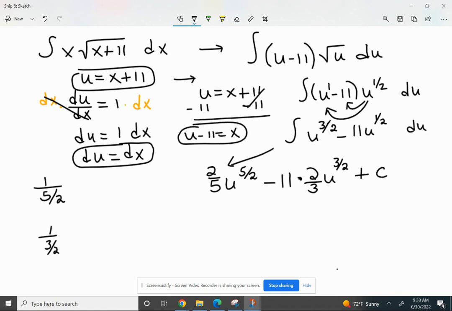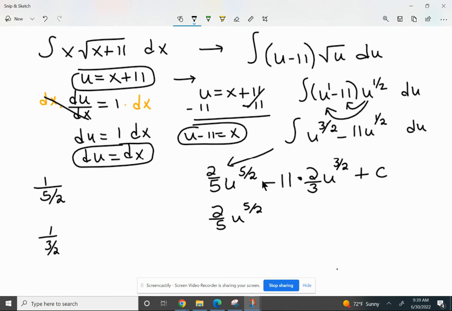So we have 2/5 u to the 5 halves minus 11 times 2/3 u to the 3 halves plus C. All we need to do is simplify a little bit. This negative 11 times 2/3, we should multiply that together.